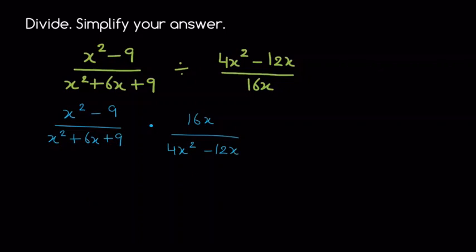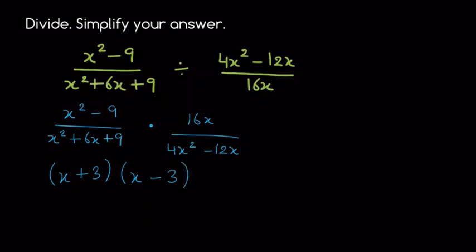We need to make sure that numerators and denominators for both rational expressions are factored. For the first one, x squared minus 9, those are perfect squares, so we can write them as x plus 3 and x minus 3.